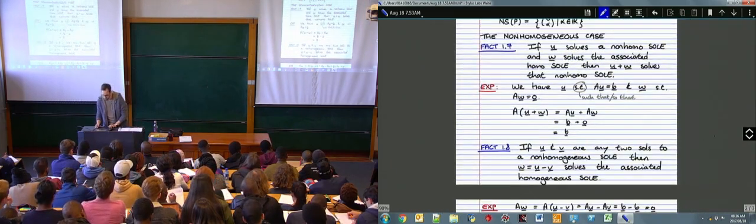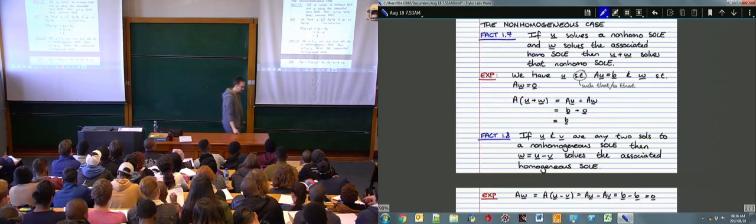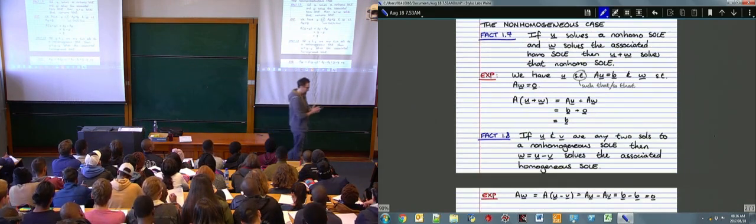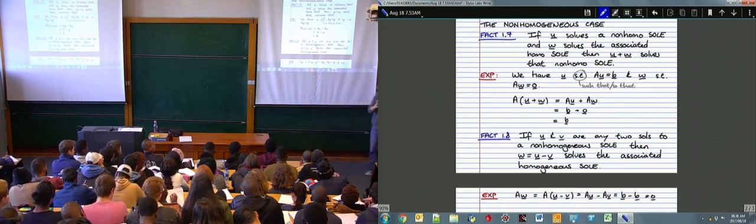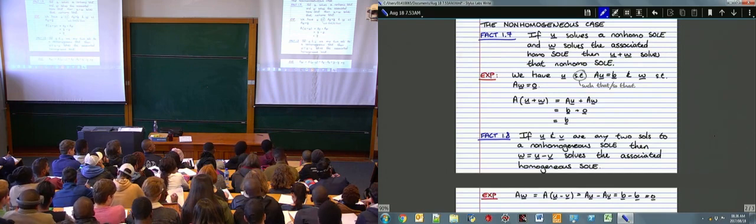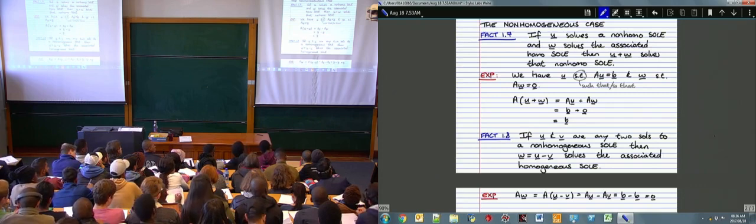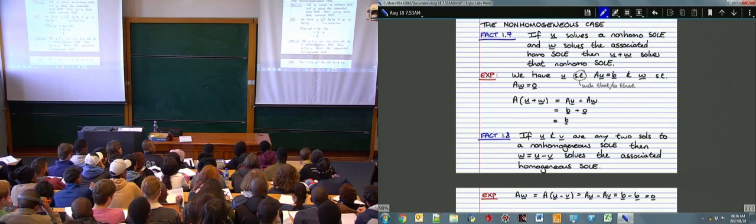Okay. So between fact 1.7 and 1.8, can we squeeze them both on? Yeah, just about. Between fact 1.7 and 1.8, we can now say the following. If I have one solution to my non-homogeneous system, AX is equal to B, and I can find one solution to it, what I can then do is go to the associated homogeneous system, AX is equal to 0, take any solution to that and add it to my original solution, and that's still a solution to the non-homogeneous system.